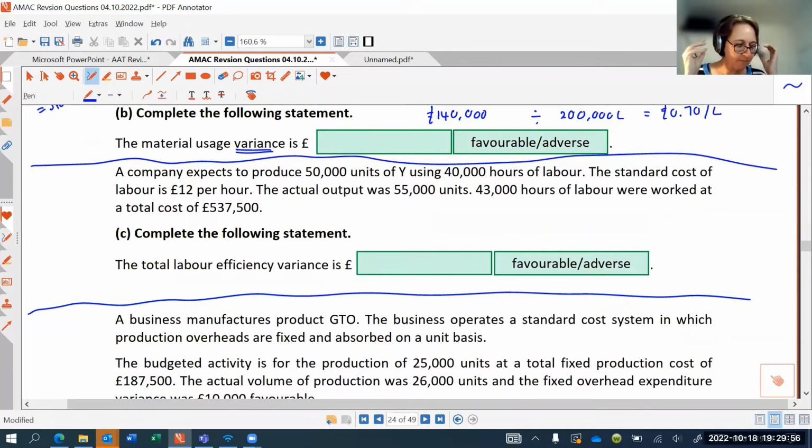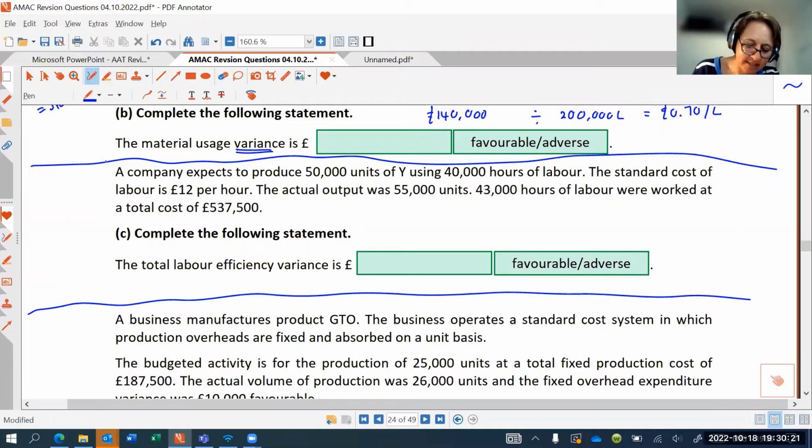So here's the next one, C. A company expects to produce 50,000 units of Y using 40,000 hours of labour. Standard cost of labour is given. Okay, should we start to break it down? A company expects to produce.